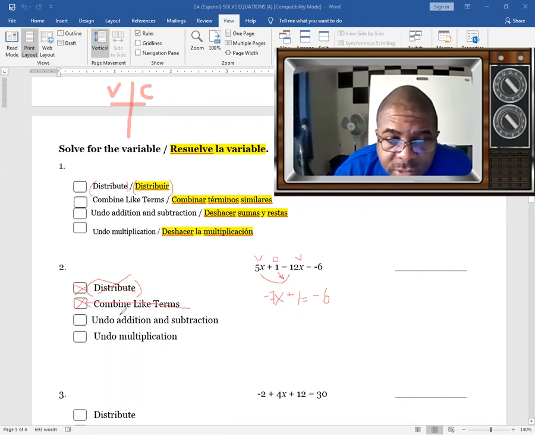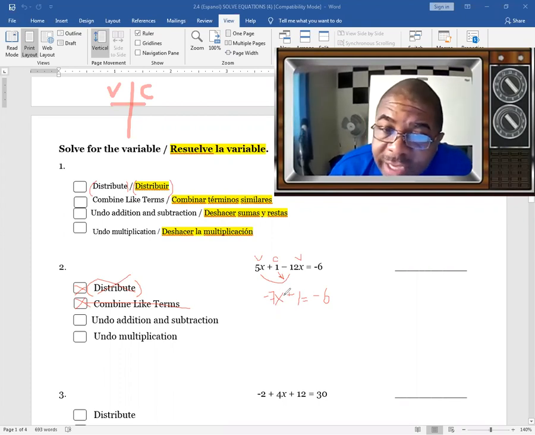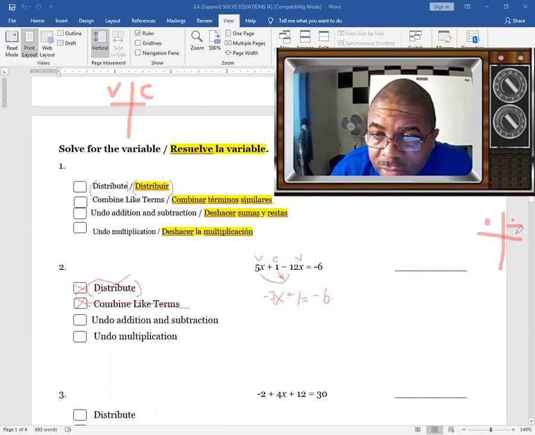Now we need to undo with addition and subtraction. So I want to move this 1 because I want x by herself. All right, so I'm going to do the opposite. Do you remember the inverse operations? We had multiplication, and the inverse of multiplication is division. I told you we don't normally use the dots.